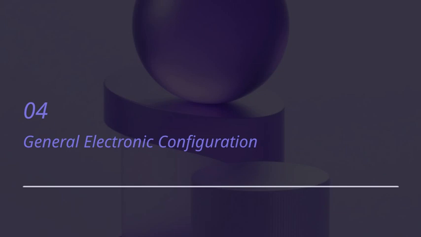Let's take a closer look at the general electronic configuration. This concept is fundamental because it explains how electrons are distributed around an atom's nucleus. Understanding this distribution helps us predict the atom's chemical behavior and reactivity. Each element has a specific configuration, which follows certain rules like the Aufbau principle, Hund's rule, and Pauli's exclusion principle.